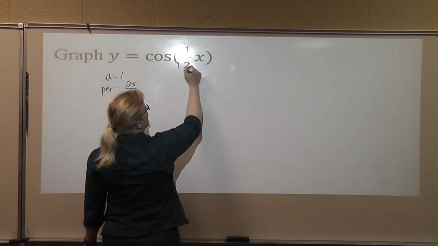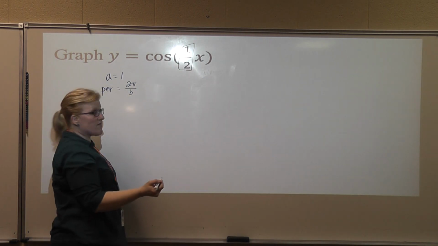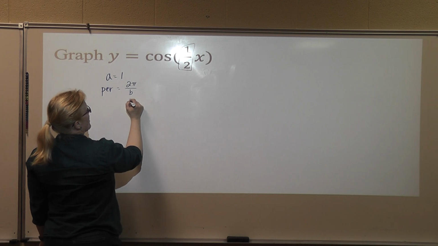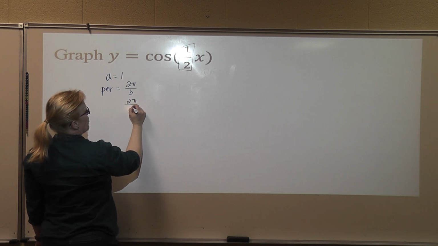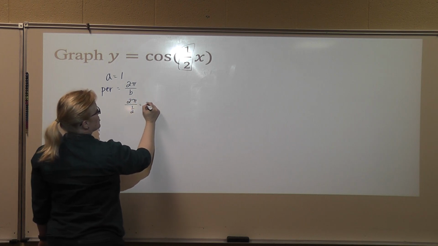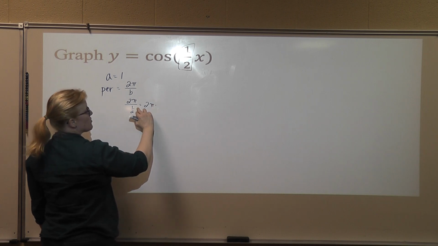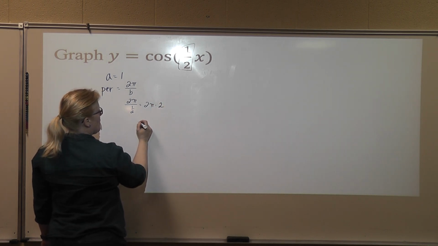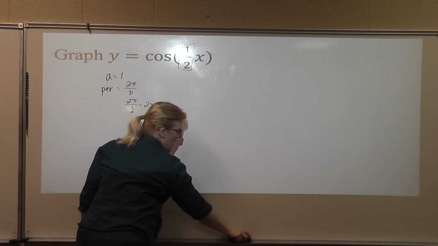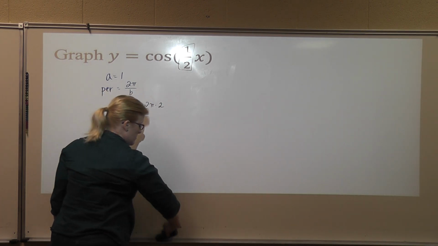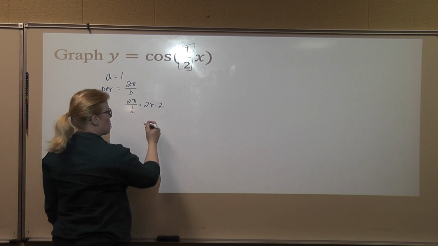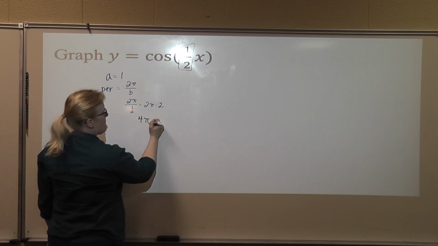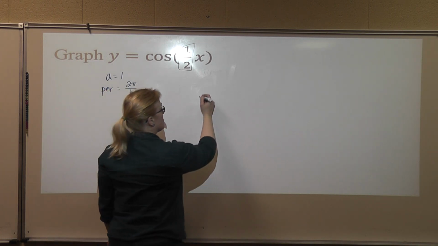Well, b in this case is 1/2. So my period is 2 pi over 1/2, which is 2 pi times the reciprocal, which is flipped. So the period is 4 pi. That's really different than what we've seen before. Okay, but let's graph it.